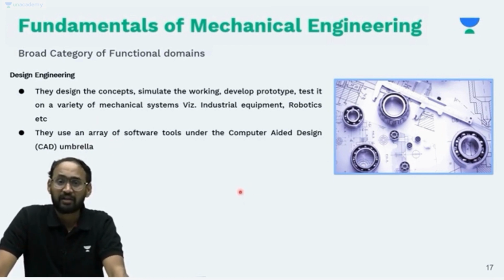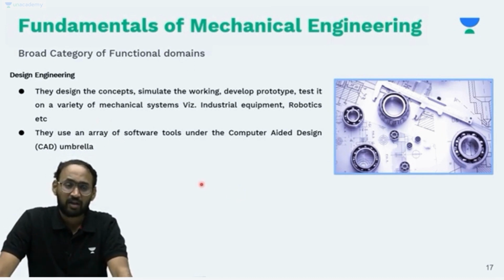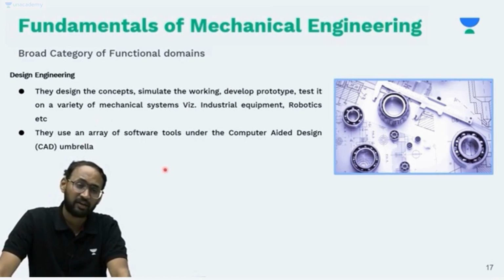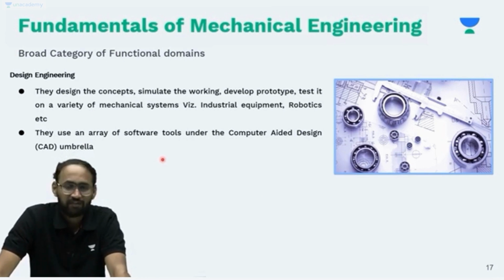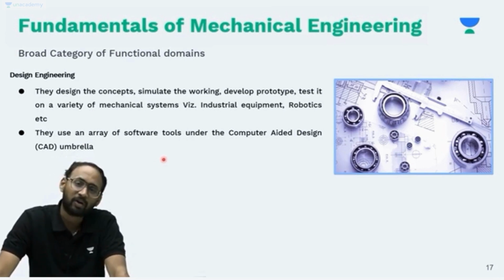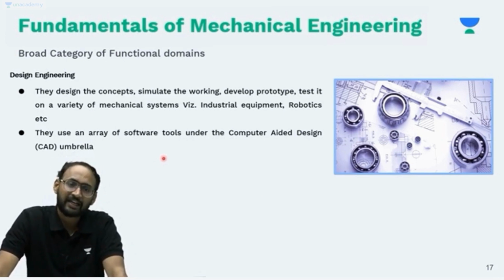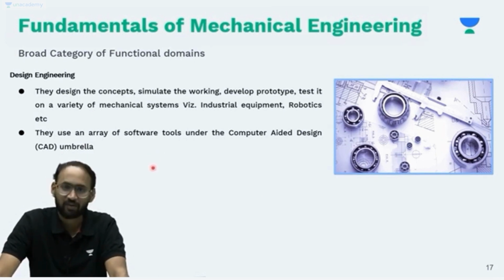For example, there are a lot of commercial softwares available which people are using, say AutoCAD or Creo, SolidWorks, Unigraphics, and so on and so forth. Or you can also make use of certain software which is available as freeware. You can use it for free.